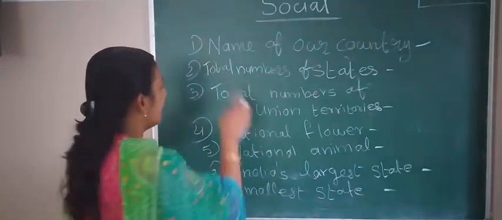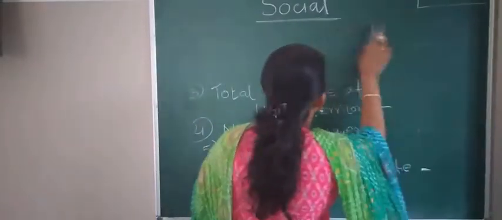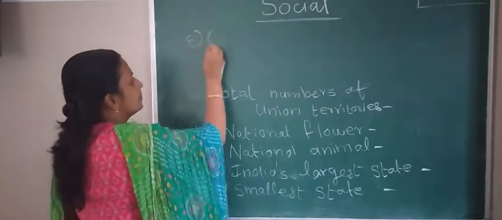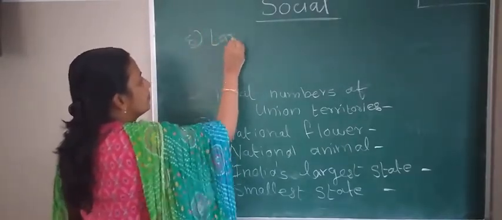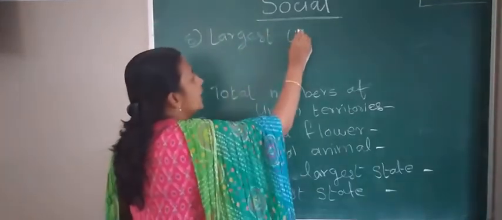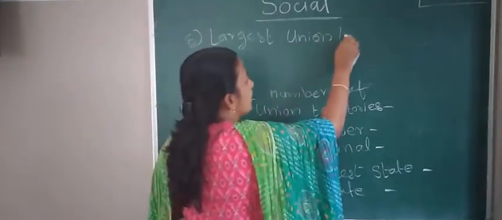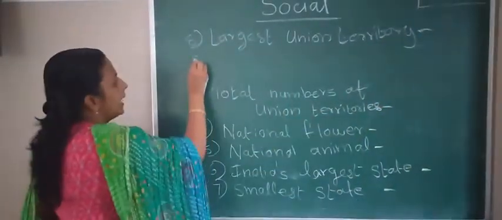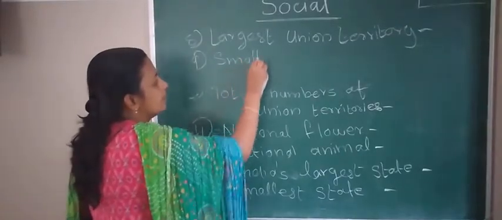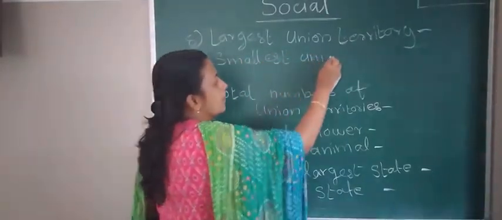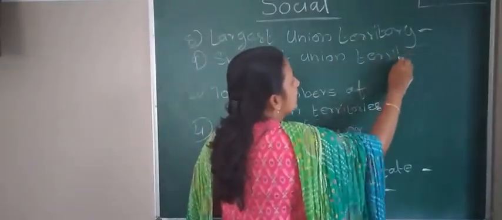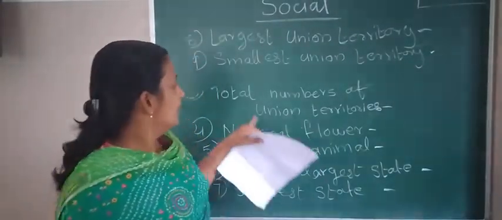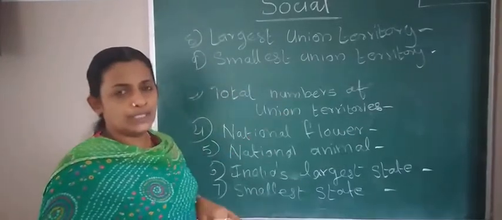Okay, and the eighth question, largest union territory. And ninth one, smallest union territory. Okay, largest union territory, smallest union territory.